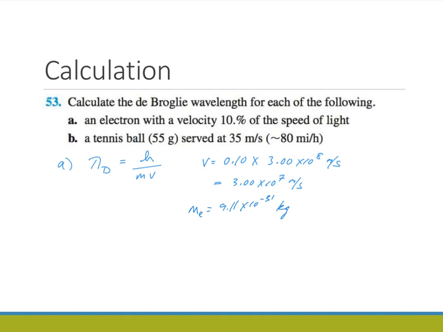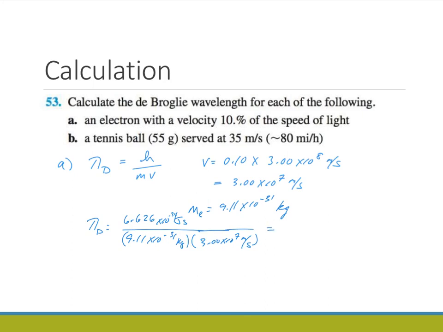So the de Broglie wavelength D is equal to 6.626 times 10 to the minus 34 joule seconds over 9.11 times 10 to the minus 31 kilograms times 3.00 times 10 to the 7th meters per second.